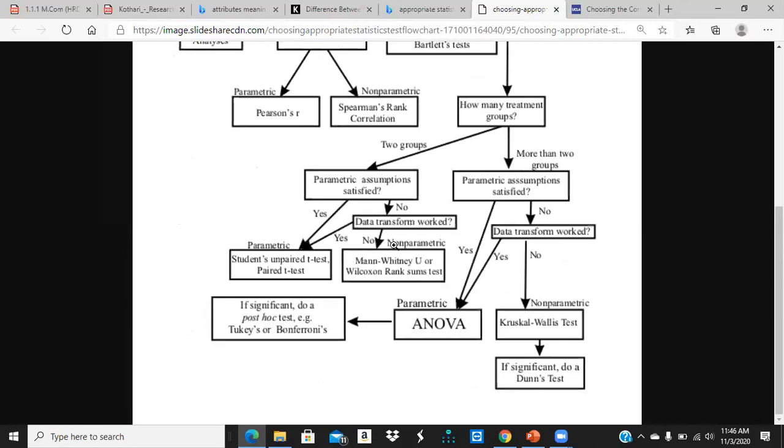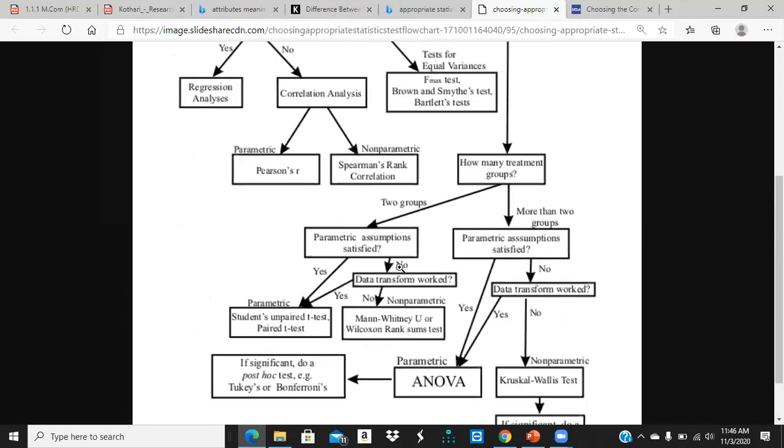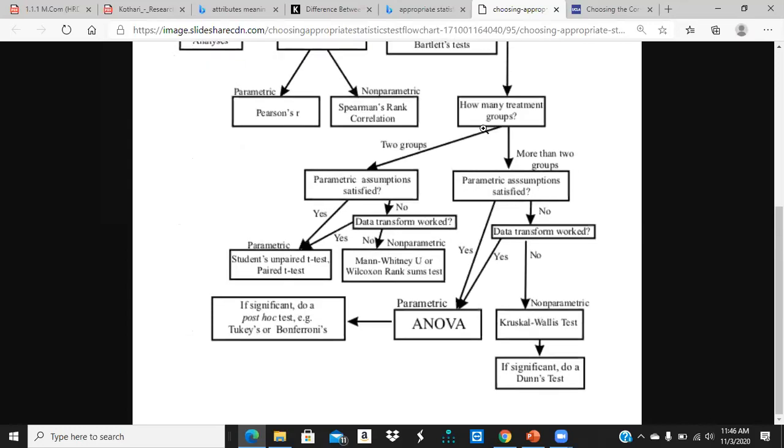If it does not work, then you can go for a non-parametric test. These are the non-parametric tests for significant difference. If it is more than two groups and parametric assumptions are satisfied, then ANOVA. If parametric assumptions are not satisfied and the transform also does not work, then non-parametric Kruskal-Wallis test, and these are the tests there.